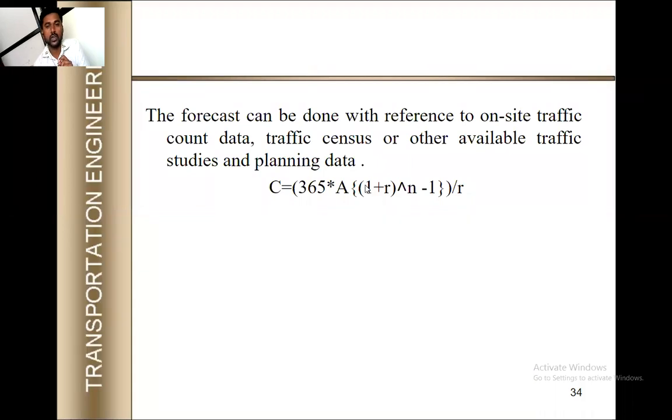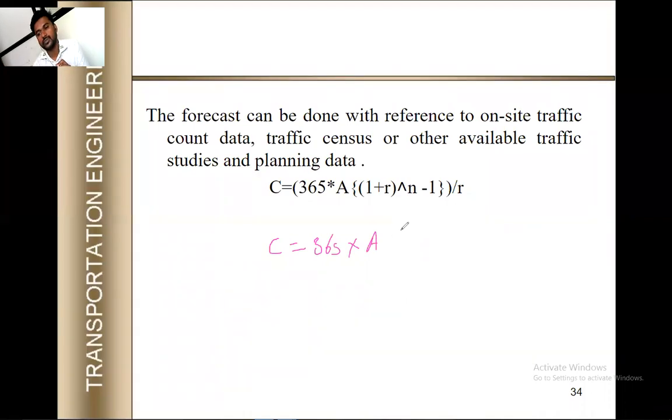So how do we calculate the cumulative traffic? The cumulative forecast of traffic is calculated by the formula C equals 365 into A into (1 plus r) raised to n minus 1, whole divided by r. Please write down this formula.